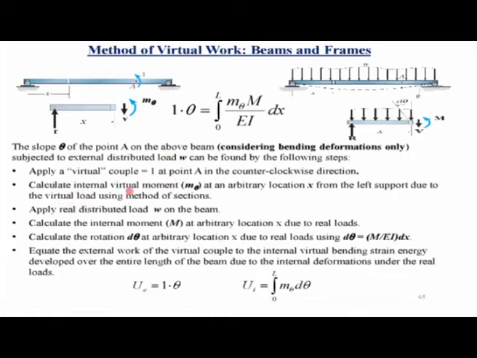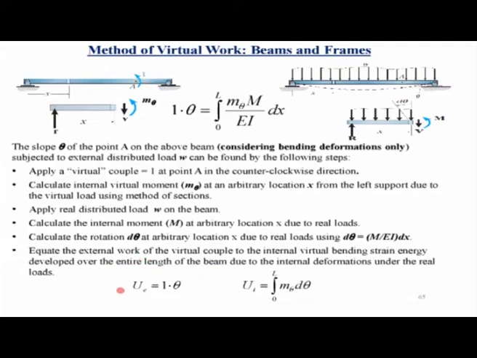The next thing is you calculate the internal virtual moment m theta at any section x from the left support, apply the real loads on the beam, calculate the internal moment M at any distance x from the support, then calculate the rotation of that section using the formula d theta is equal to M over EI dx. Then again equate the external work. In this case it is the external virtual moment and the rotation at that point due to the external load.